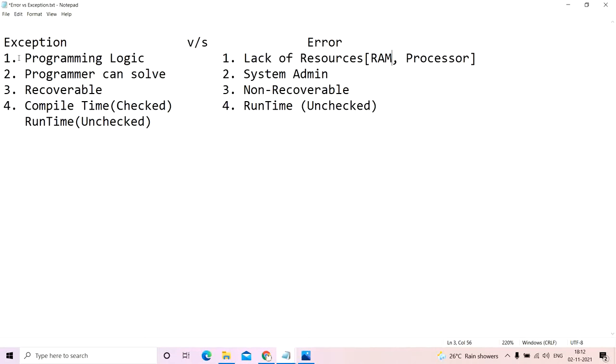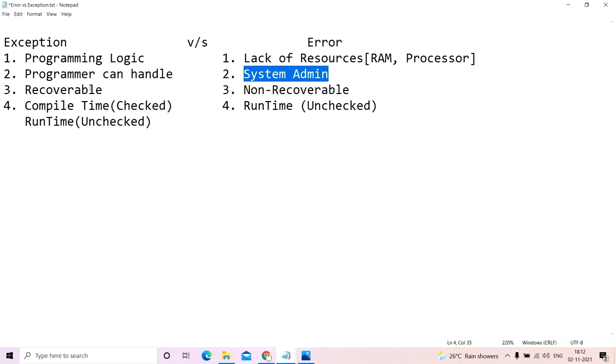The second difference: a programmer can solve, or handle, exceptions. But for errors, the programmer cannot do anything. The programmer has to go to the system admin and seek help to counter the error or do certain mitigation of it.